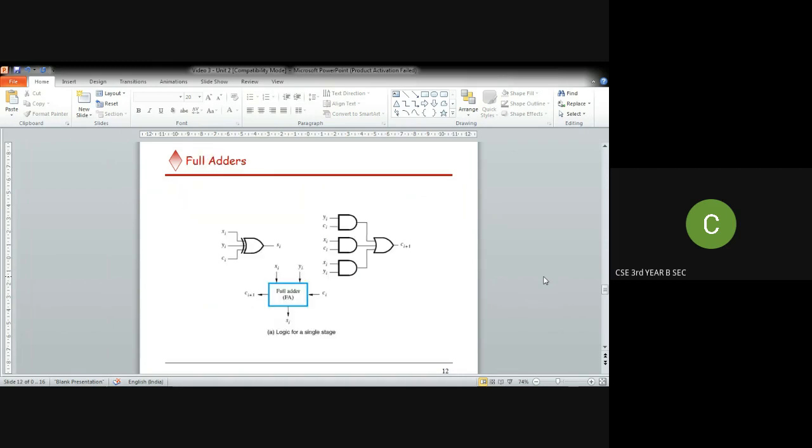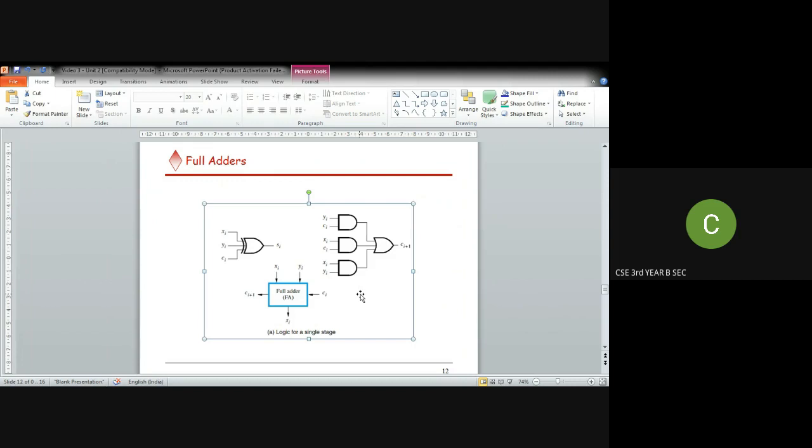Next, we are going to discuss the full adders. A full adder takes three inputs. Look at here: xi and yi are the two bits given as input to the full adder, and also ci, which is the carry over from the neighbor bit, ci minus 1, given as an input to the current bit.